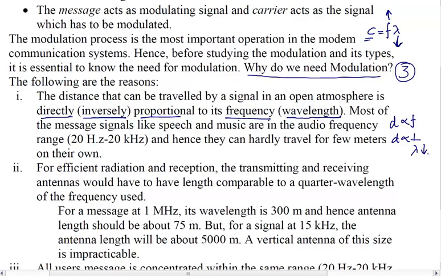The lambda's value should come down, or basically the frequency must go up. So if the normal wavelength is this, and I reduce the wavelength, not the amplitude, then it will travel more distance. And you know that this is low frequency and this is high frequency.